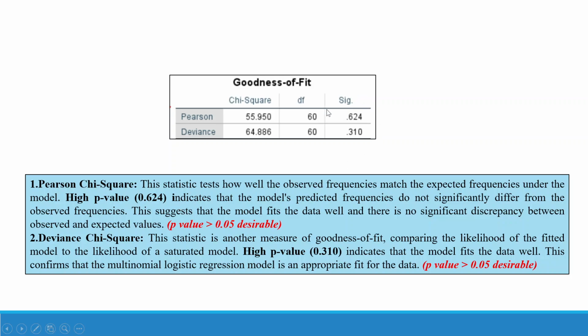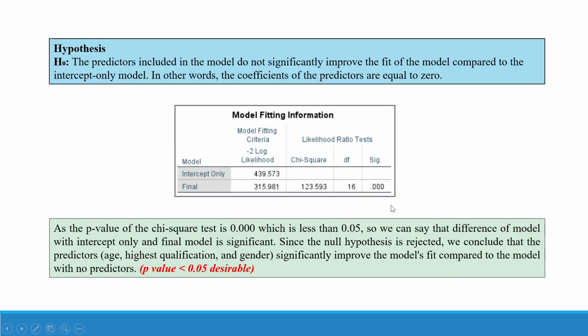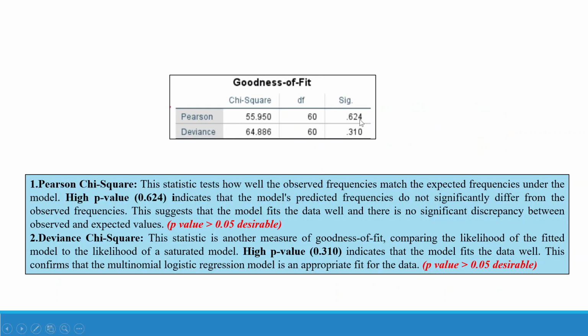A high p-value indicates that the model's predicted frequencies do not significantly differ from the observed frequencies. This suggests that the model fits the data and there is no significant discrepancy between the observed and expected values. So in this case, we want the p-value to be more than 0.05. See, in the previous case, we wanted it to be less. In this case, we want it to be more than 0.05.